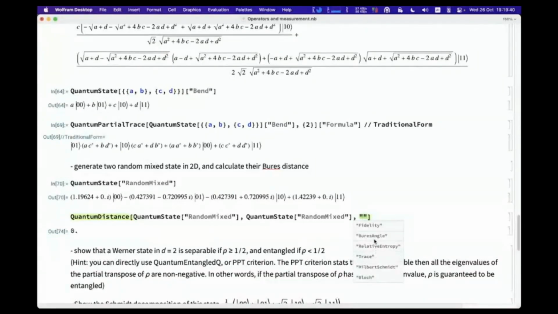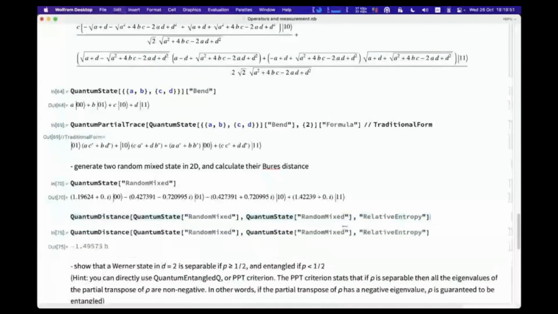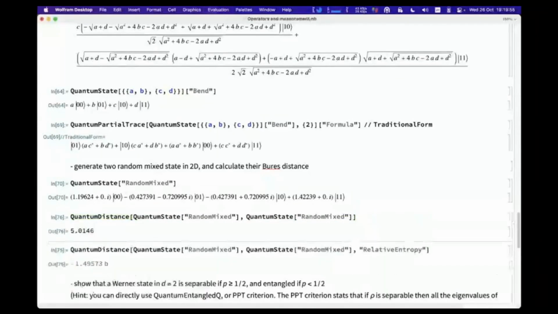These are different measures that you can use to calculate the distance between the two. If you do not specify a metric, automatically we are going to use fidelity.